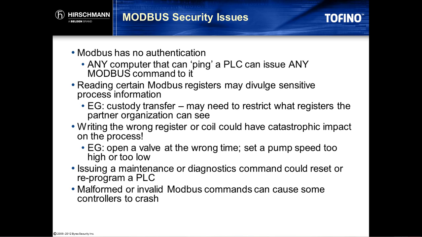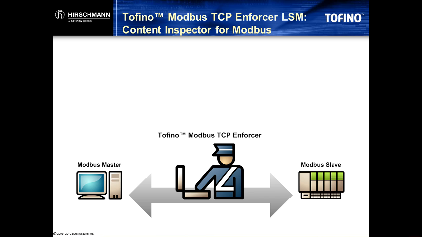So clearly, in this new era of concern about cybersecurity, these are things that we want to protect against. A firewall, such as the Tofino Firewall LSM, allows the engineer to control which devices can connect to each other and what protocols they can use. But once those connections are created, the firewall has done its job and is out of the picture.